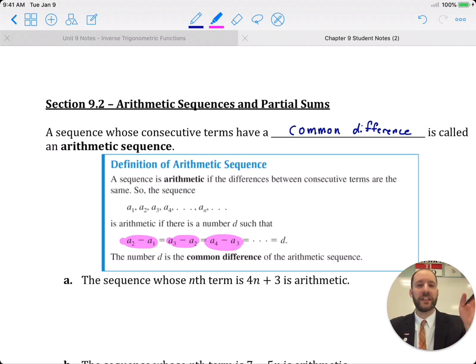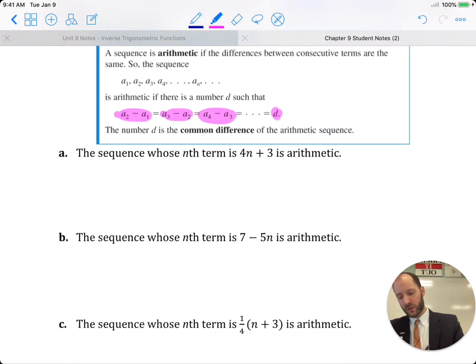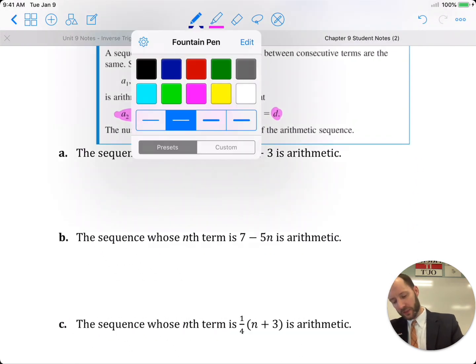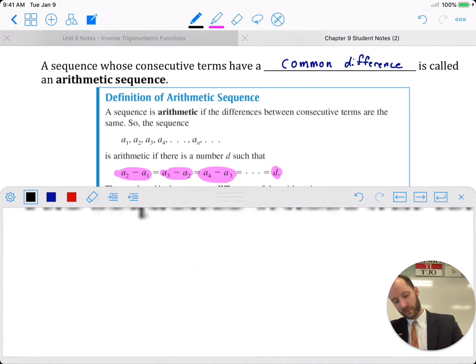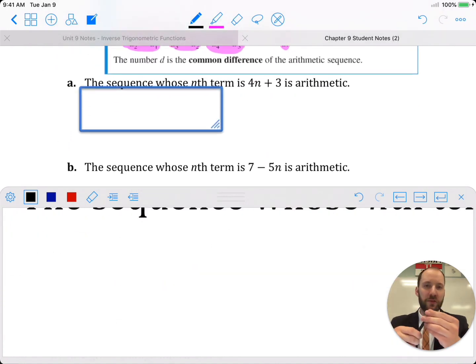And when you have the same difference every time you do those subtractions, you get D, a common difference. So let's look at some examples here, of how the common difference can be found and how you can identify it.